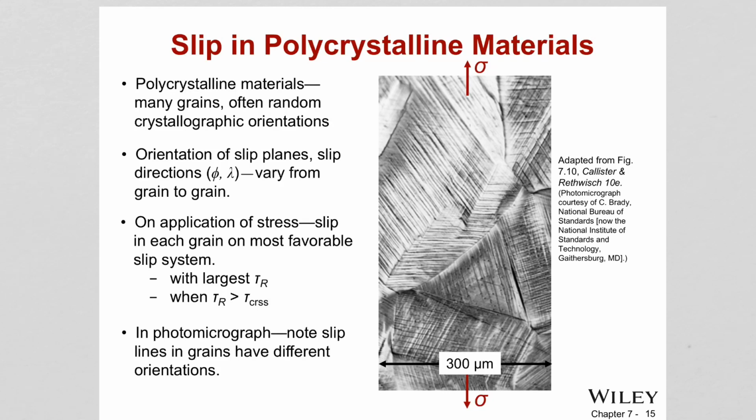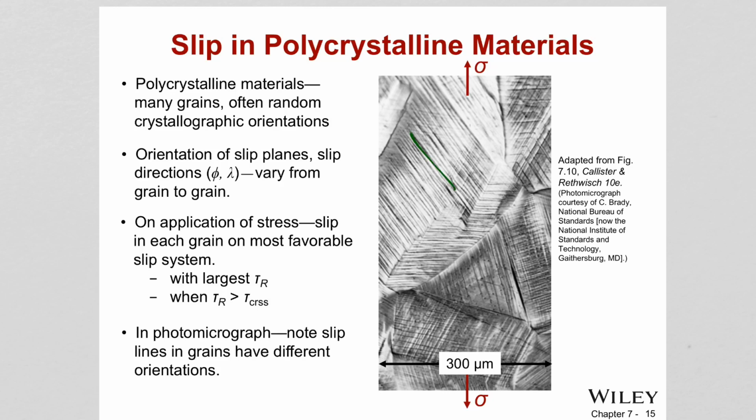So when it comes to polycrystalline materials, it is more complex because of the random crystallographic orientation of the different grains. So basically the direction of slip will be different from one grain to another. We are seeing an image here of a copper specimen, which is polycrystalline, and you can see the slip lines, right?